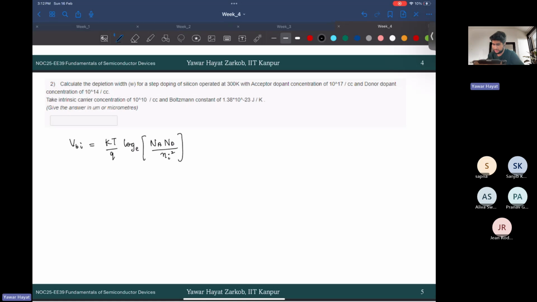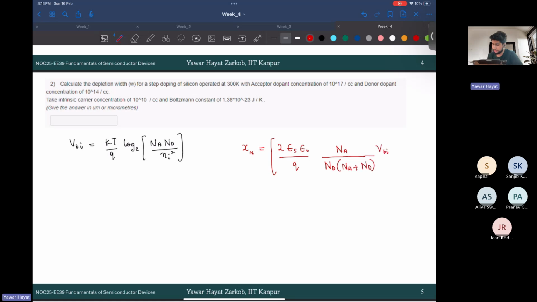Your xn is square root of 2 epsilon s epsilon naught by q, and you have this factor NA by NA plus ND, right?